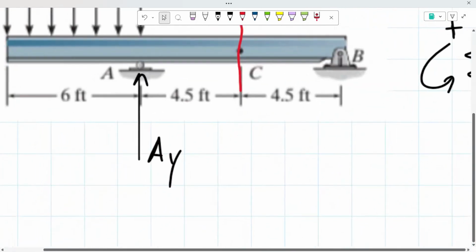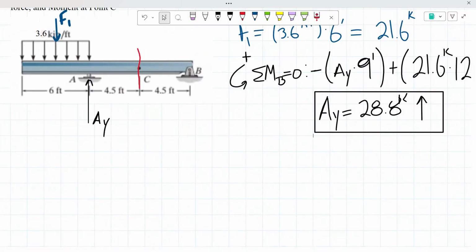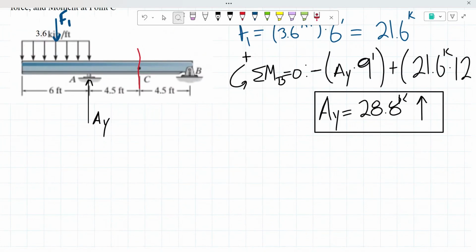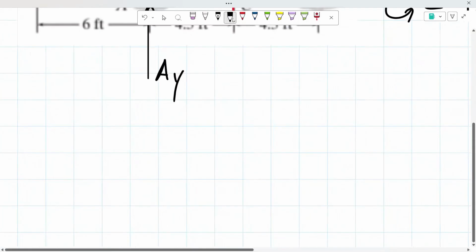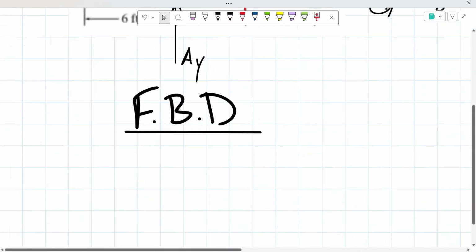So now that we found out the value of our A sub y, the next step that we're going to be doing is now drawing our free body diagram of our beam with the side of the beam that we will be working with, which in this case would be the left side. So our free body diagrams would be our next step.